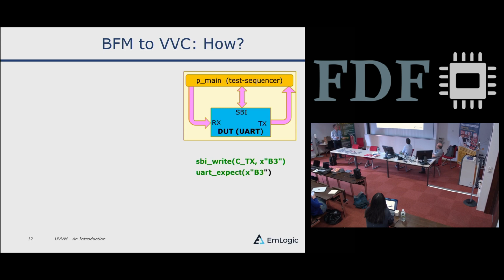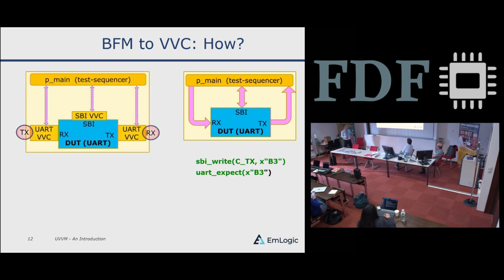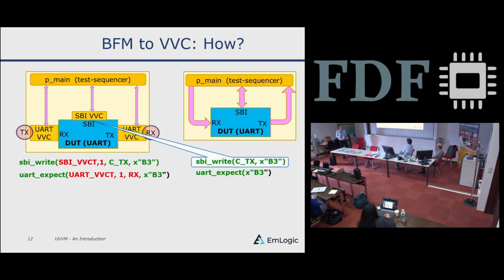So how does that happen? This is an example with the BFMs using just basic procedures, SBI write and UART expect. And this is the situation with verification components, now with verification components on all the interfaces. And this would be the syntax for that. Exactly the same syntax as for the BFMs, but the difference is that you have to tell the system which verification component should execute this command.